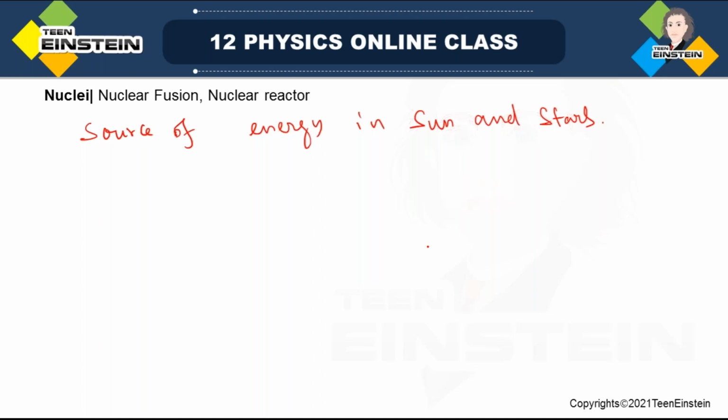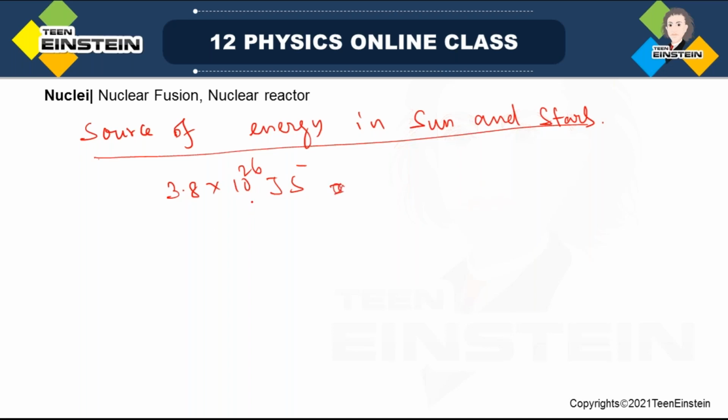So we have already learned that the sun has been radiating energy at the rate 3.8 into 10 to the power 26 joule per second.